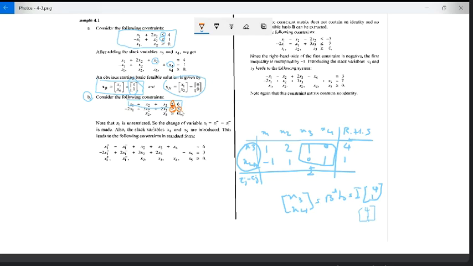Multiply constraint 2 by minus 1. But this is 3.